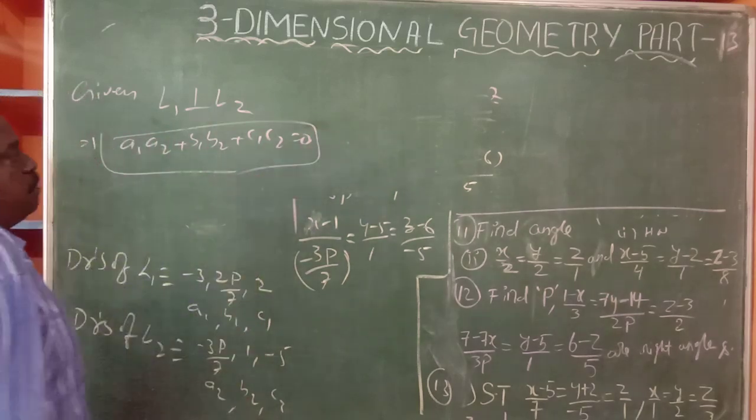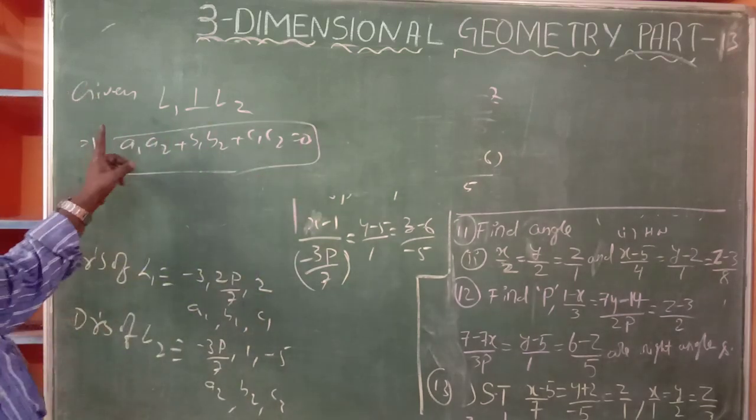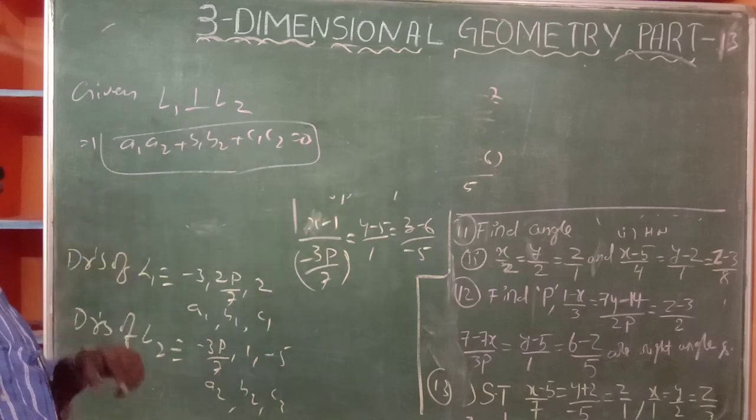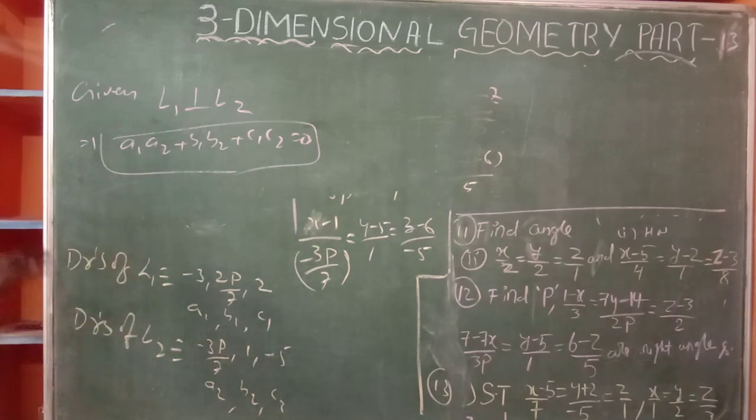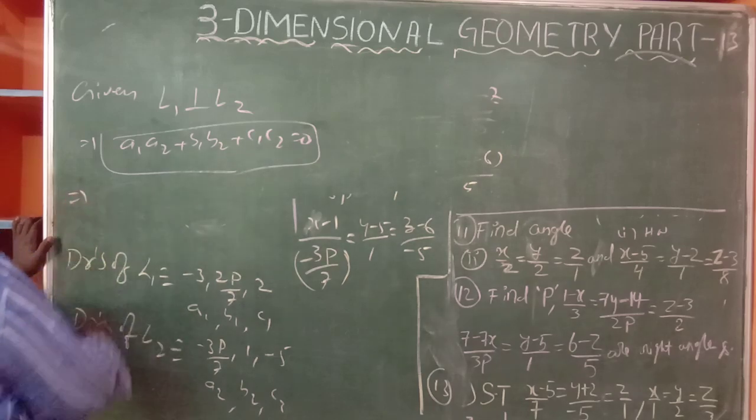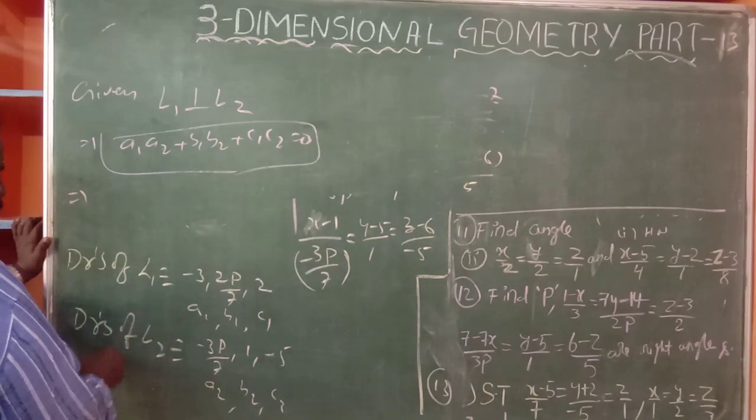Already in the previous problems we used the DCs, L1 L2 plus M1 M2 plus N1 N2. But here it is DRs. That implies, what is A1 A2?